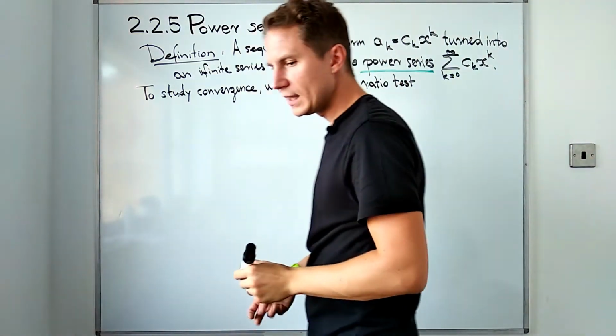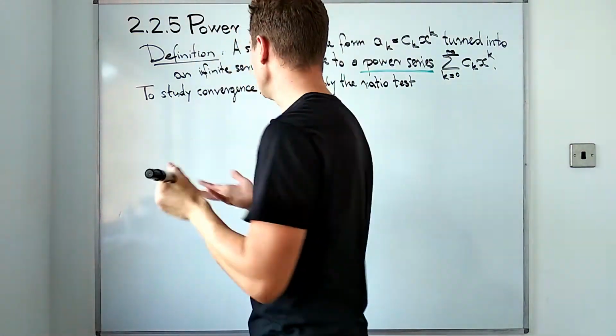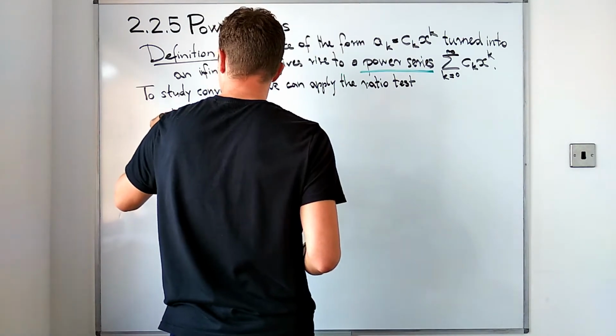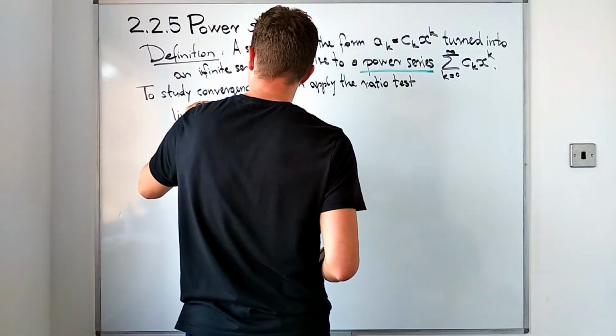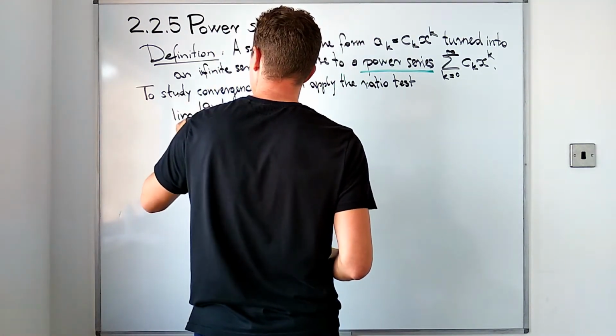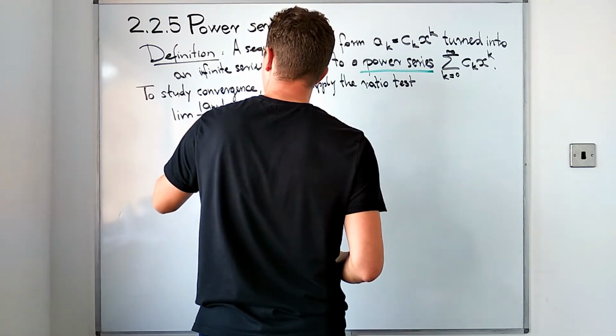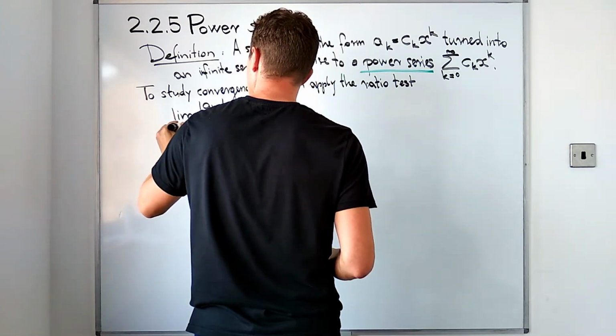Okay, so we simply have to take the limit of the absolute value of a_(k+1) divided by the absolute value of a_k as k tends to infinity.